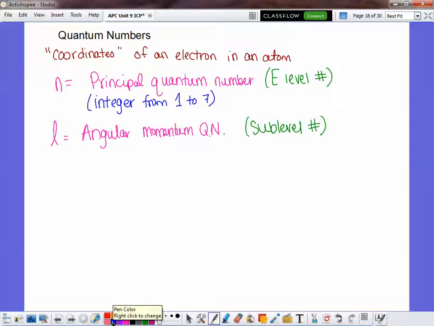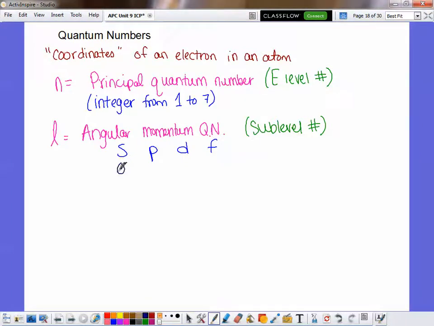Okay. What are our sublevels? S, P, D, and F. But what are these things called that we're talking about? Quantum numbers. We just wrote letters down. So they assign numbers to each of these sublevels.